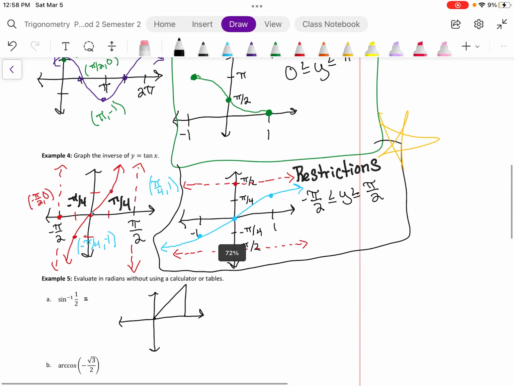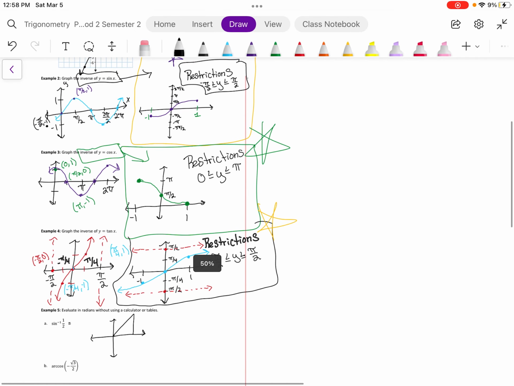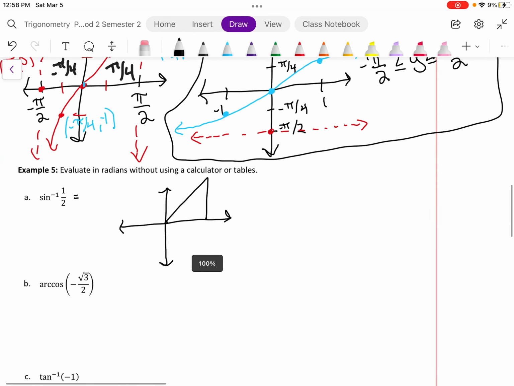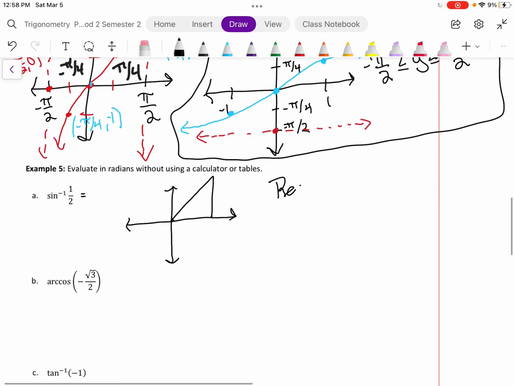And we know that the inverse of sine has a restriction between negative pi over 2 and pi over 2, so our only possible answers are between those two values.